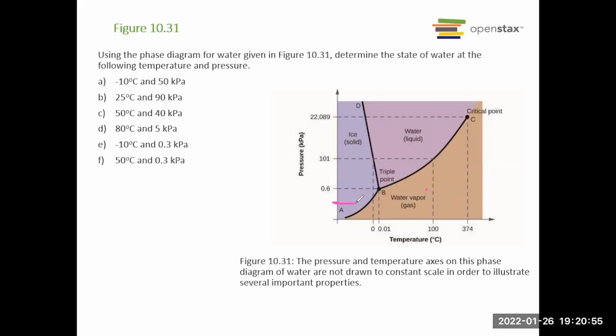So it's right here, over. It's about minus 10, so somewhere in there. Okay, and minus 50 and 0.3. We have the gas. Okay, what about 0.6 kilopascals and 0.01?